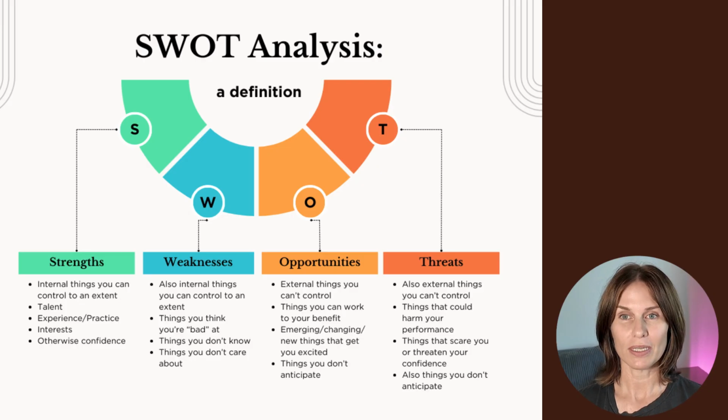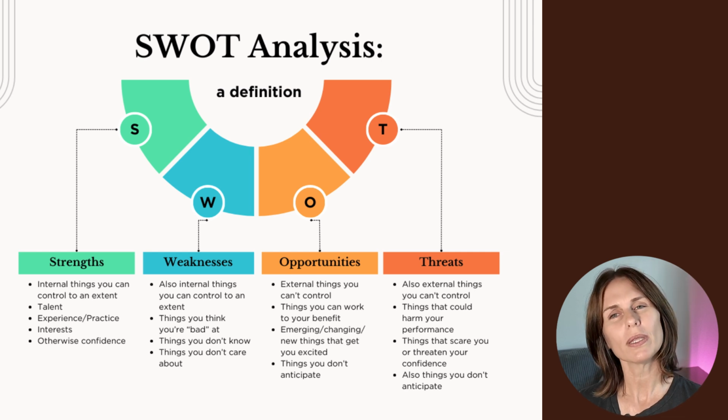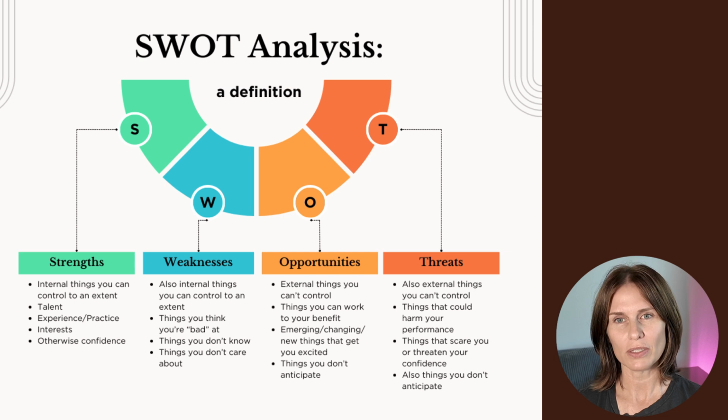So first, let's talk about the characteristics of a SWOT analysis. As I mentioned, the S in SWOT stands for strengths. What do we really mean by strengths? Well, we mean those internal things you can control to an extent. The traits you possess already, or that you're building.